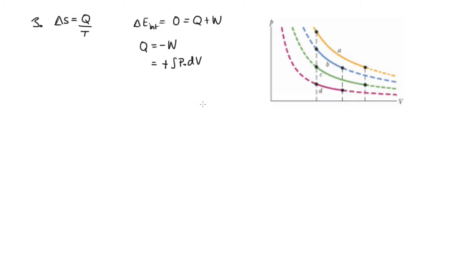And now, because these are all isotherms, we've got PV is equal to nRT, where T is constant, and so P is equal to nRT on V, and we can substitute this in here, and we end up with Q is equal to the integral of nRT on V dV, and that's from the initial volume, which they've all got the same initial volume here, to the final volume, and there's two different final volumes.